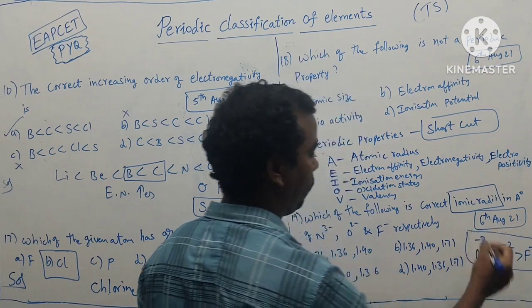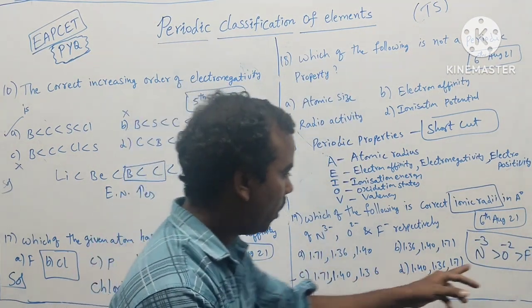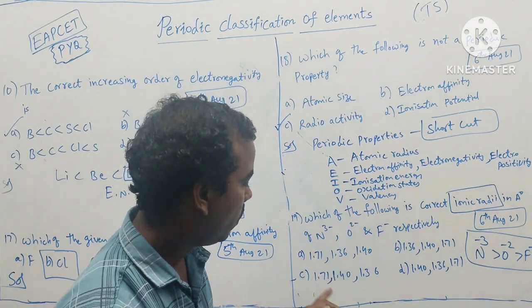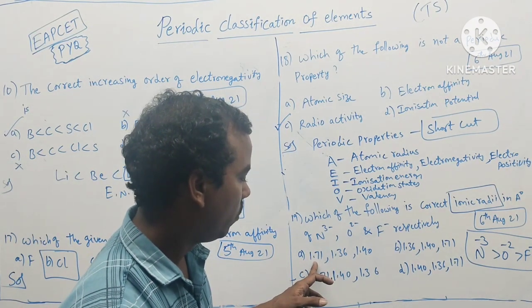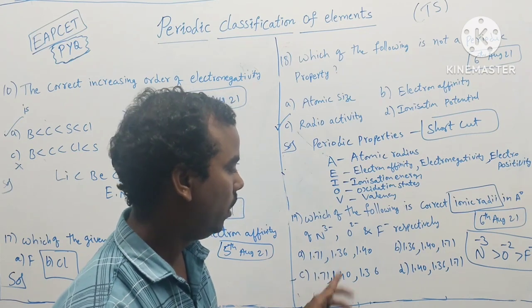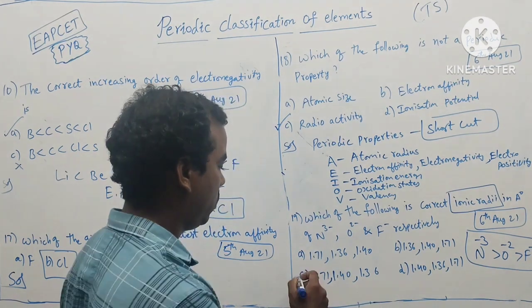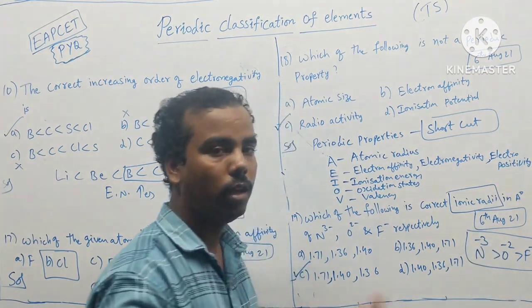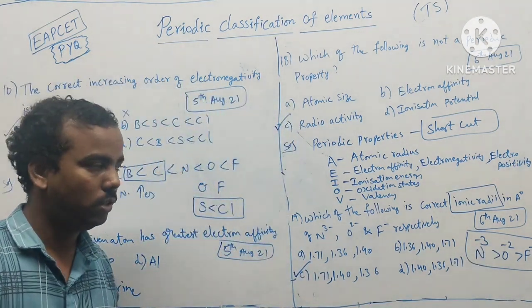In the options, the first one is the higher value and it decreases. Here 1.71, next 1.4, 1.36. So option C. Higher the negative charge, higher the ionic radii. Okay, note this.